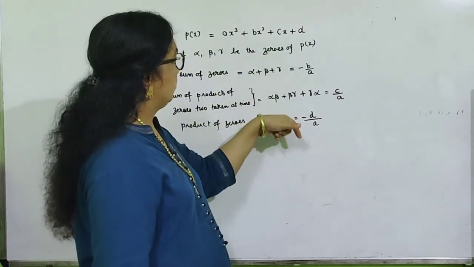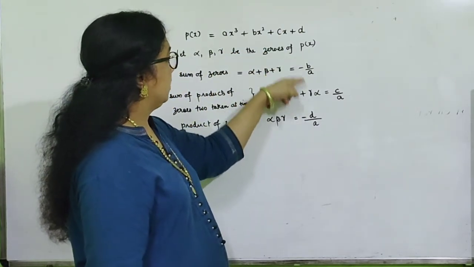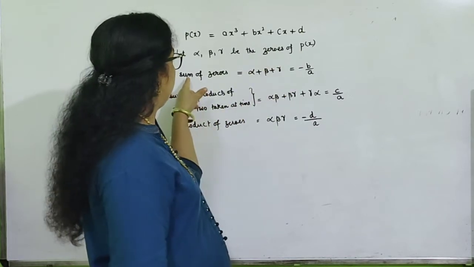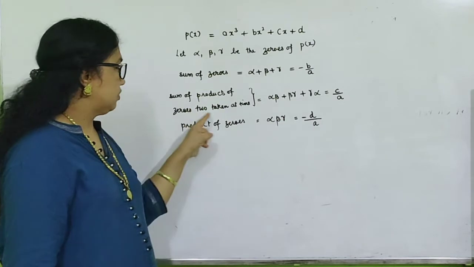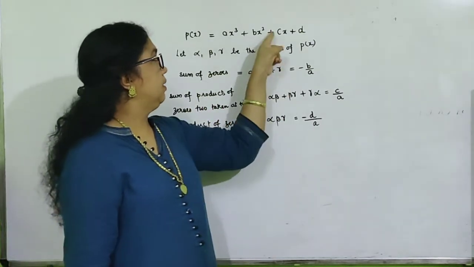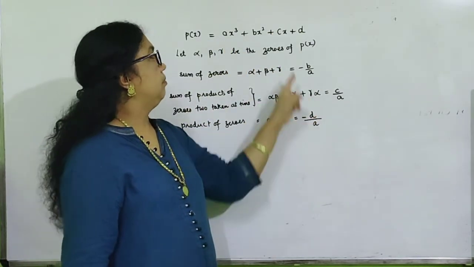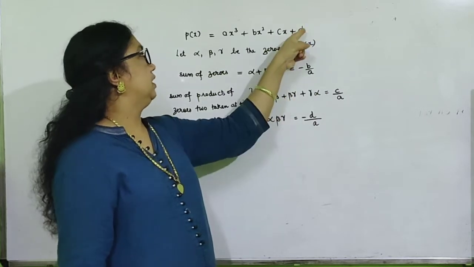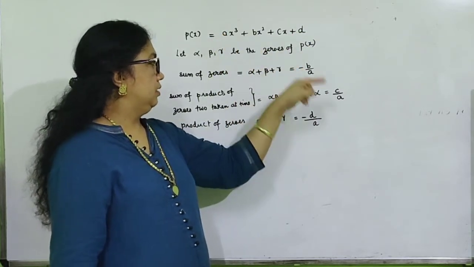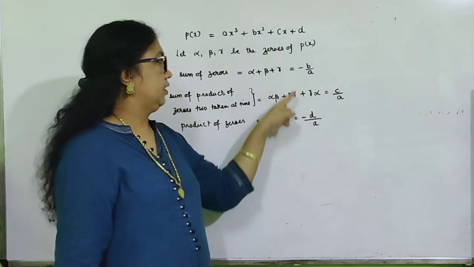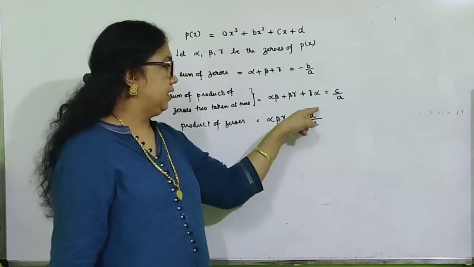So, an easy way to remember this: sum of zeros is minus b by a, then sum of products of zeros two taken at a time is c by a, then product of zeros is minus d by a. First minus b by a, negative, then positive c by a, then negative d by a.